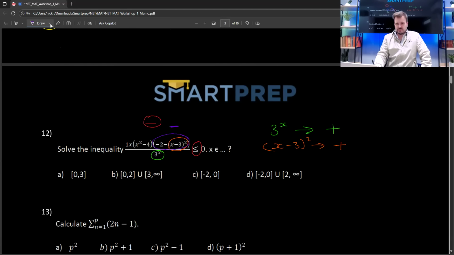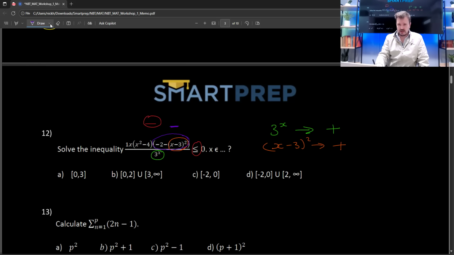All right, in order to have a negative, you need to have things being positive, because for this to stay negative, a positive times a negative gives you a negative. Negative times negative is a positive.